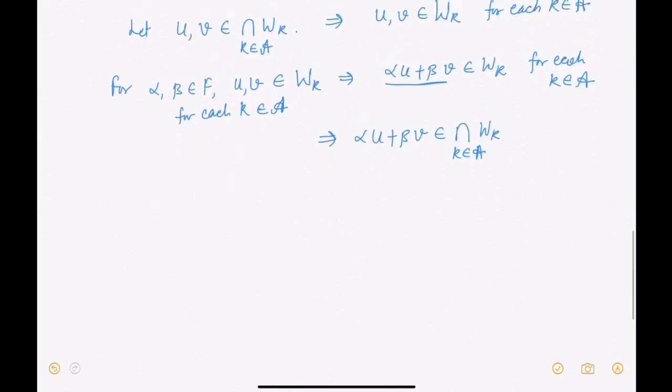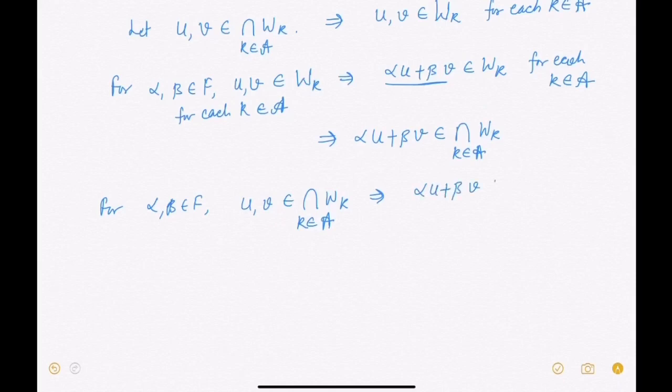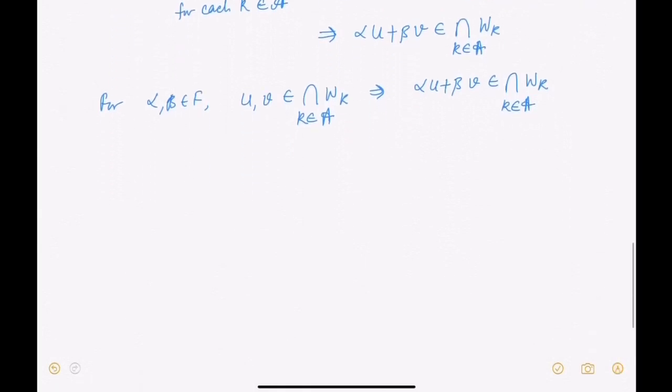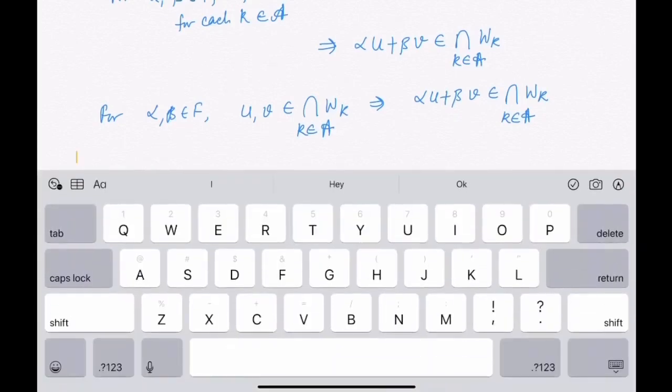So it means that if alpha, beta belong to field F and u and v belong to the intersection of Wk, k belongs to the set of indices, implies alpha u plus beta v belongs to the intersection of Wk, k belongs to the set of indices. So one condition we have already fulfilled.